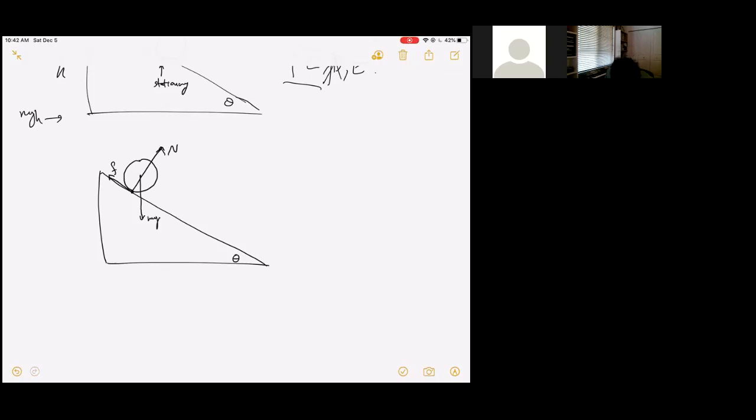And let's say it's accelerating down with acceleration A. It's clearly going to be rotating downwards, but it might not be rolling without slipping. So it's rotating down with angular acceleration.